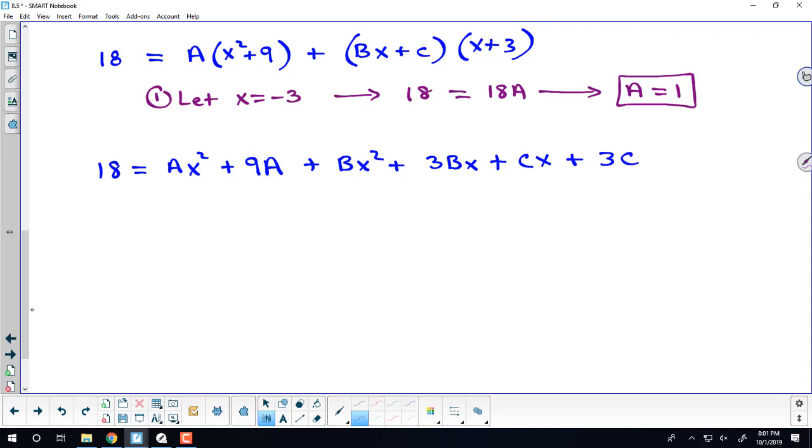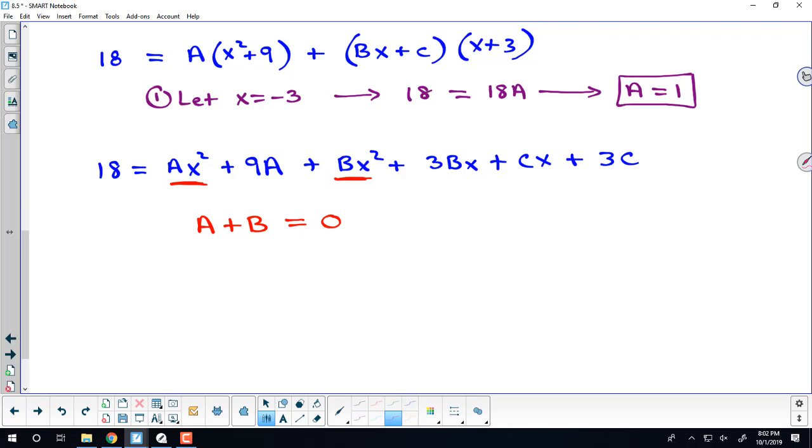Yeah, we'll just write this out. So we have our x squared terms. No x squared term on the left, so we have a plus b equals 0.